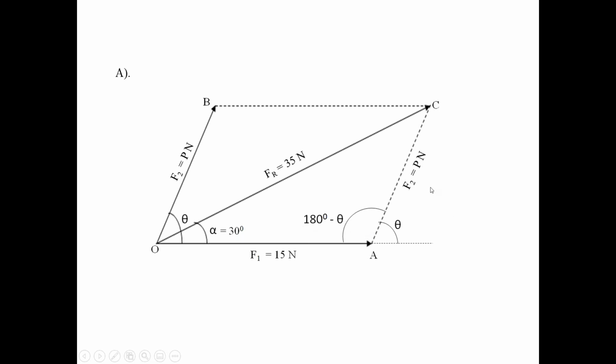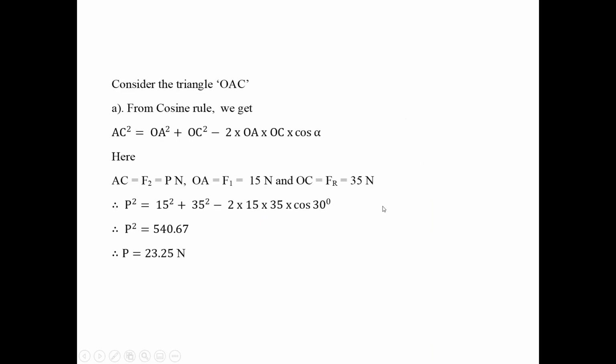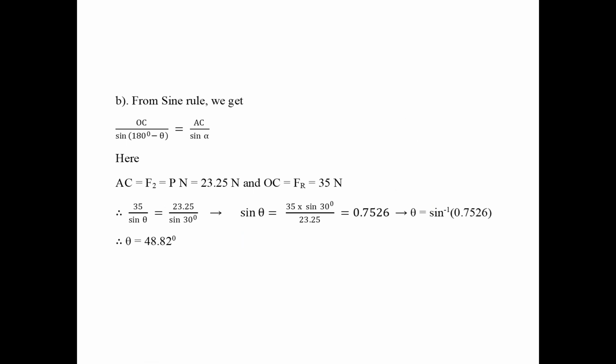Apply the sine rule in the triangle OAC to find out the angle theta. So coming to the solution, in the triangle OAC, I apply the sine rule. OC divided by sine 180 minus theta is equal to AC divided by sine alpha.